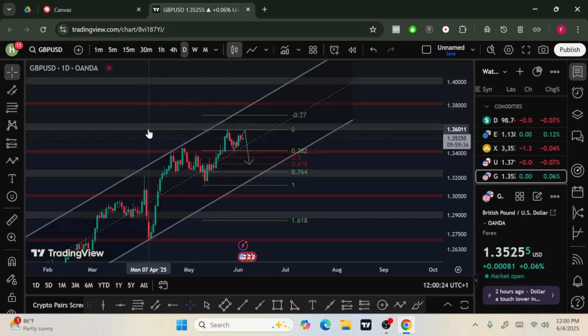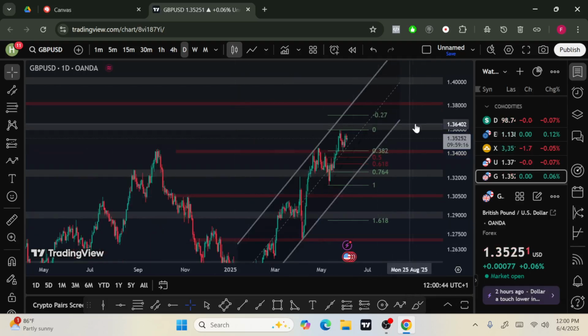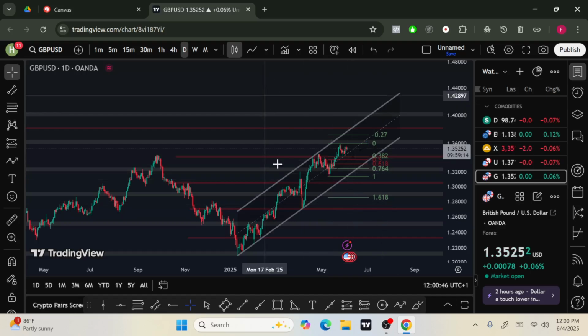Now, at the resistance of this channel, at the resistance of this zone, what candlestick pattern can you see here? A bearish engulfing bar. Don't forget, you are supposed to draw your zone for this channel. Is that not so?